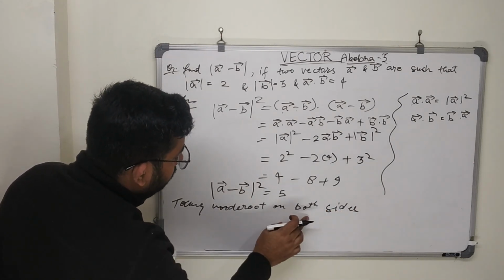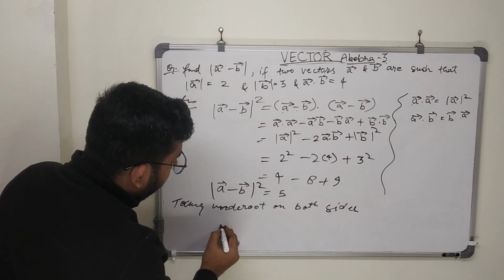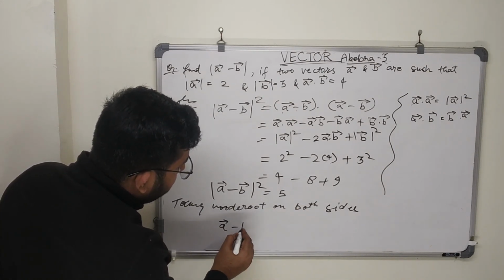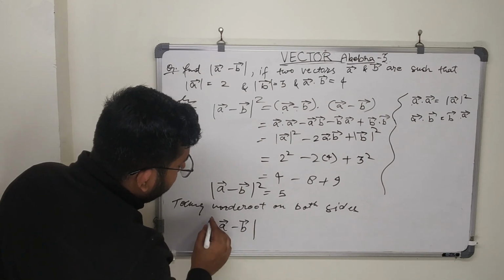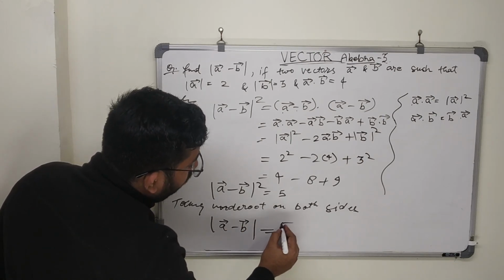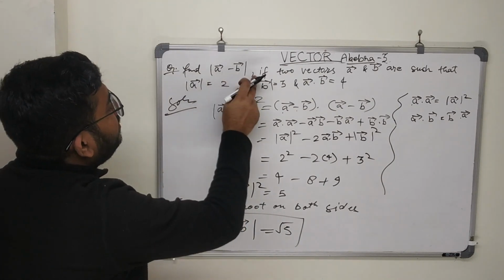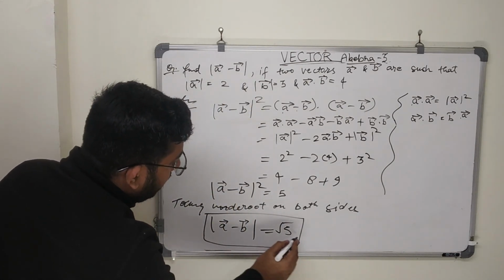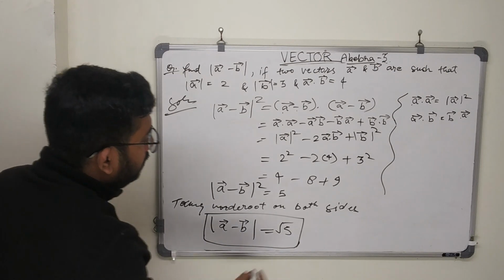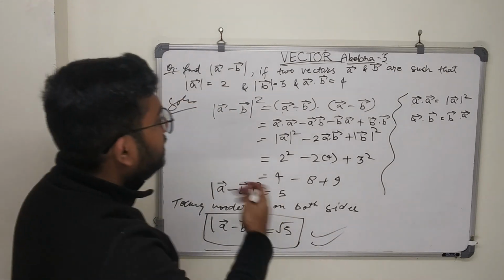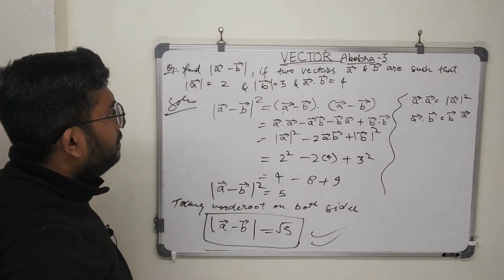Taking square root या under root on both sides, we will get a vector minus b vector, its magnitude is equal to under root of 5. So this is asked in the question. In this way we have obtained the answer for this question. This is the answer. Please note down the solution of this question.